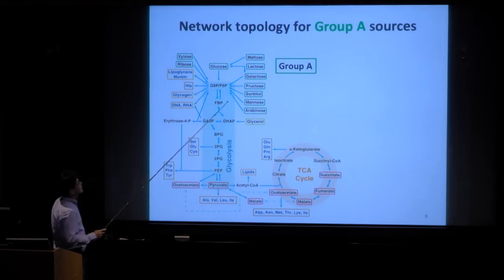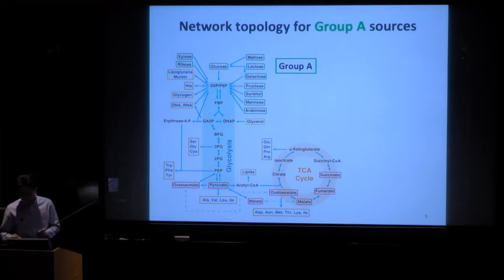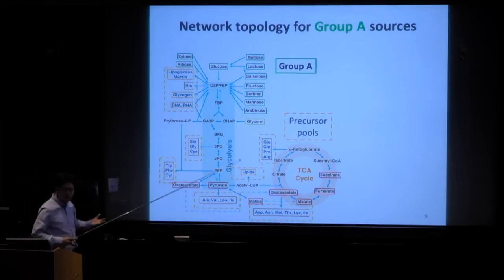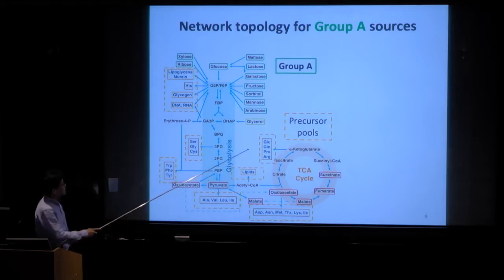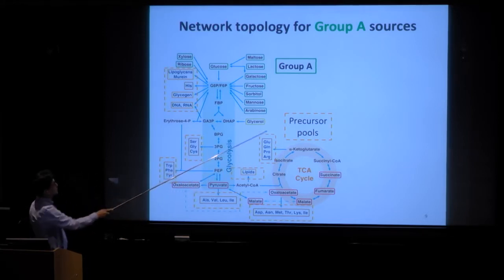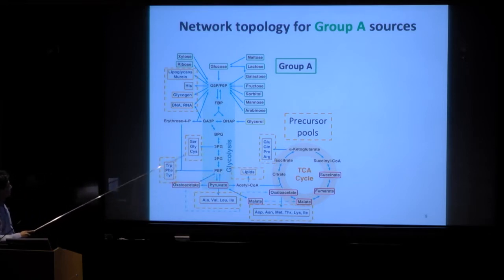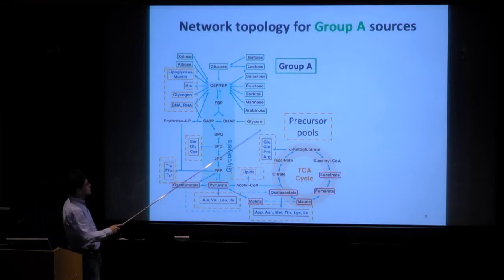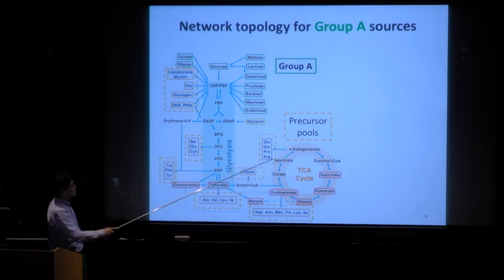Okay, so first let's look at group A. If we present two sources from group A, and how they are going to reach all this we call the precursor pools, like all these metabolites, right? They will produce amino acids, different amino acids. See, all these different groups of amino acids are produced by different precursors from different points.